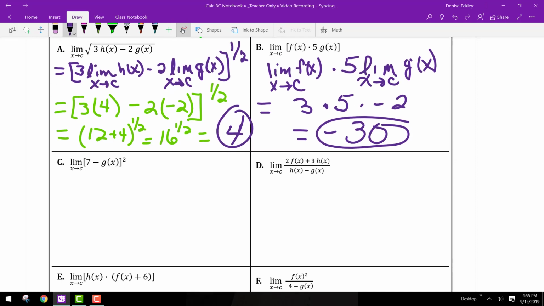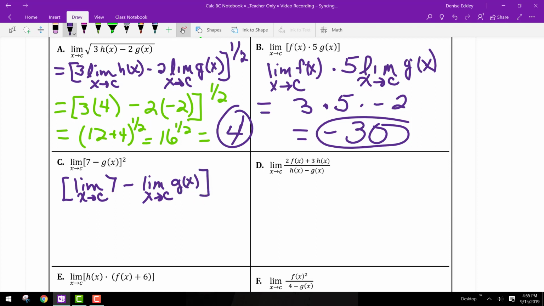Okay, next we have the limit as x approaches c of 7 minus g of x, squared. So rewriting this, we're going to have in parentheses or brackets the limit as x approaches c of 7 minus the limit as x approaches c of g of x.